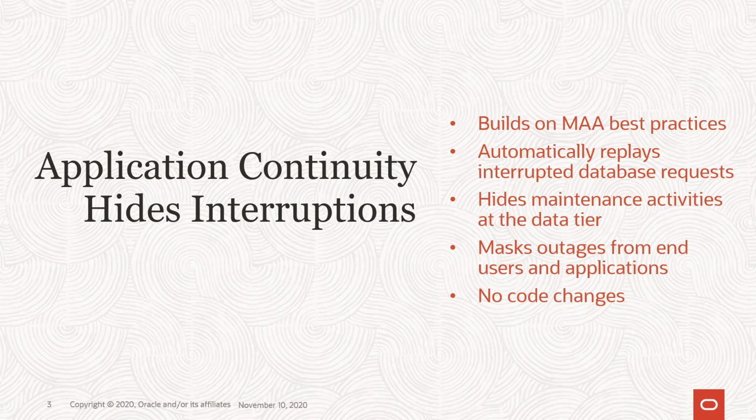In many cases, we're just replaying interrupted transactions or connections and sessions behind the scenes, automatically, without you having to worry about it, without the application owners or the developers having to worry about it. Whether it's for planned maintenance, which is very common these days, weekly, monthly, at least quarterly, applying RUs and so forth, as we highly recommend.